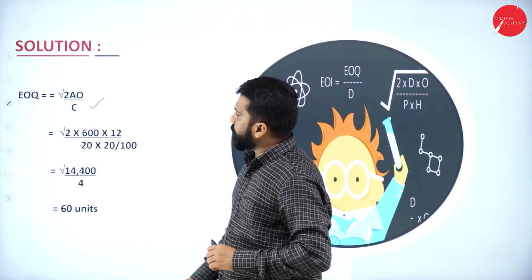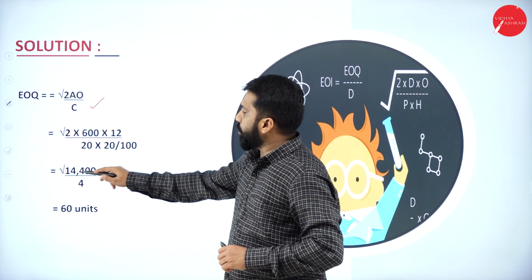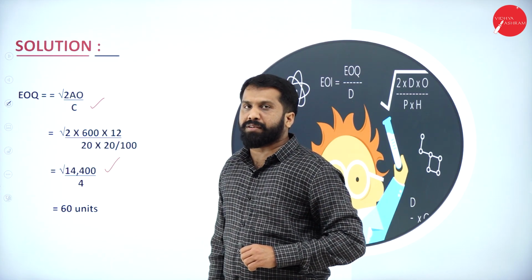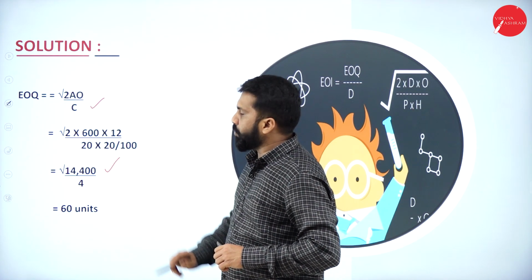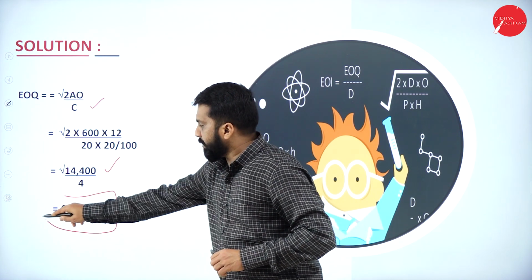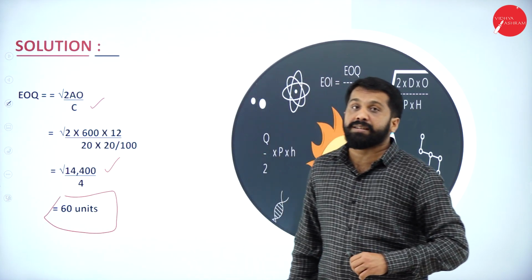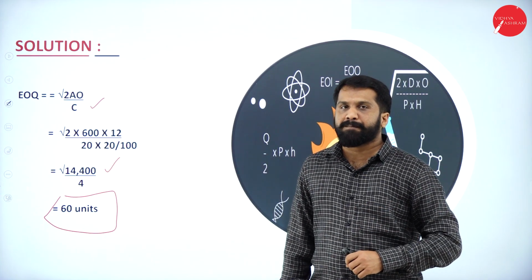Now, if you do this calculation, 2 multiplied by 600 multiplied by 12, you will get 14,400. Divided by 20 into 20%, which is 4, you get 3,600. What is the answer? The final answer is 60 units. Hope you understood. This is all about your solution part.